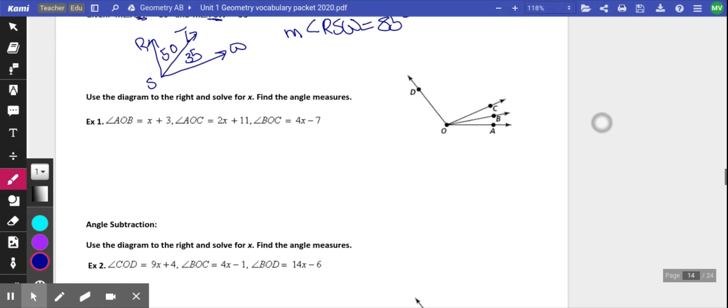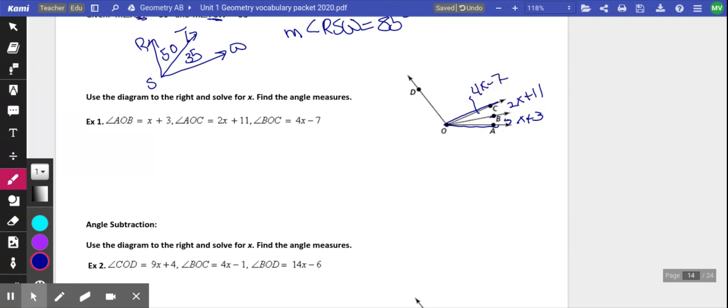So then we can use that down here. So if we know AOB, which is this little tiny angle right here, is x plus 3, and we know AOC, which is the larger one, is 2x plus 11, and we know BOC is 4x minus 7.